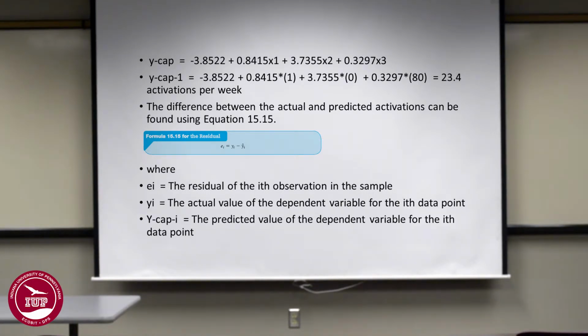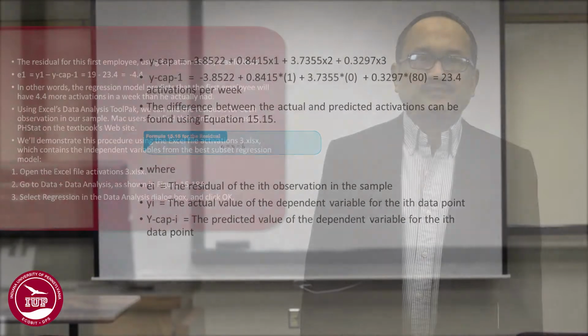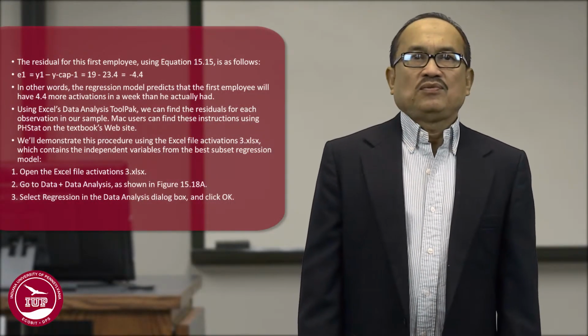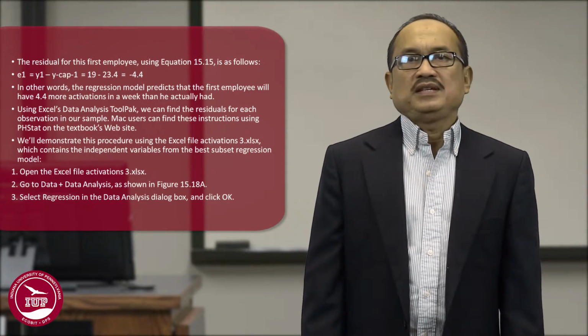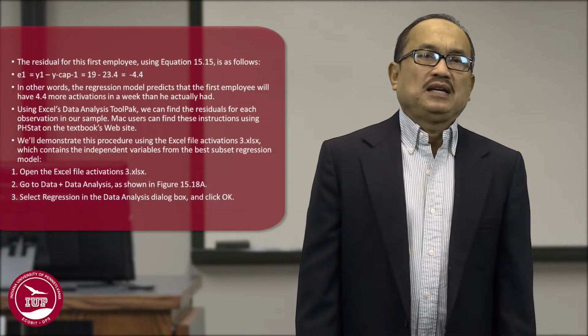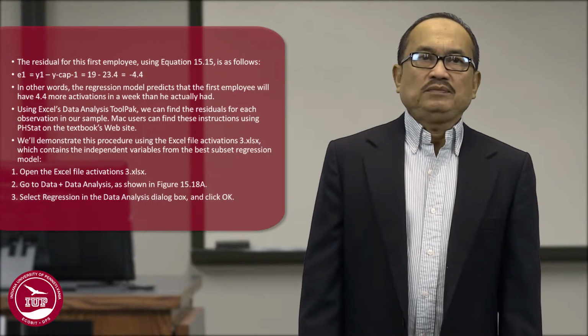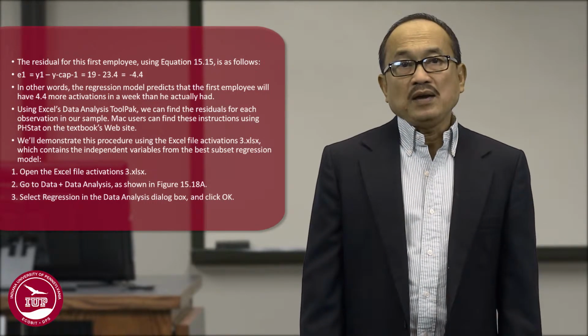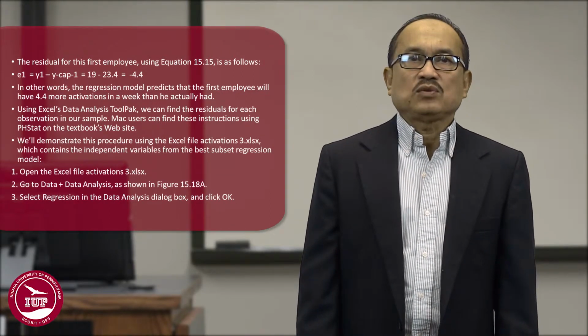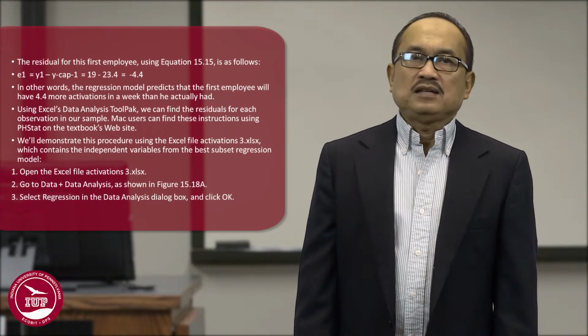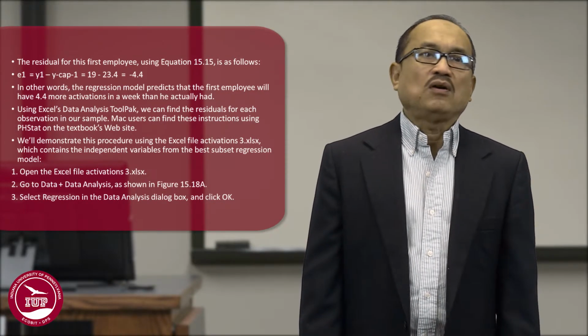Y cap i is the predicted value of the dependent variable for the ith data point. The residual for this first employee using equation 15.15 is as follows: e_i, equal to e_1, equal to y_1 minus y cap 1, is equal to 19 minus 23.4, is equal to minus 4.4.